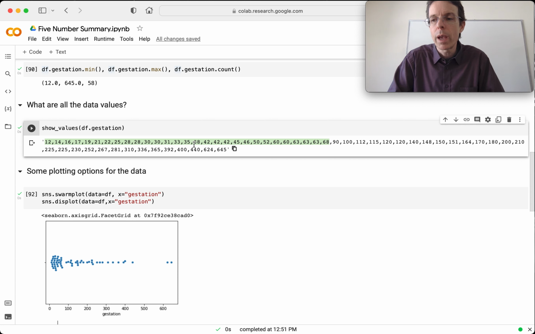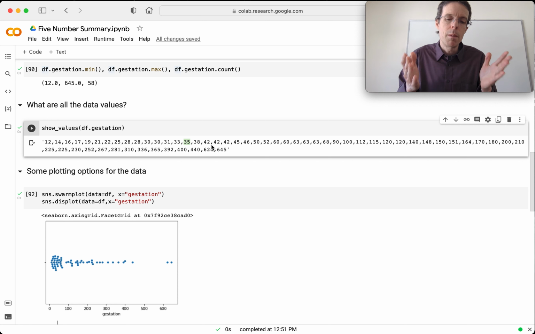So you might say, among smaller mammals, what's a typical gestation period for a small mammal? What's a typical low value for a gestation period? 35 is certainly not unusual, certainly not remarkable. It's kind of middling among the lower half. So it's a typical low value here. The remarkably low values are here, and these two are both species of possum.